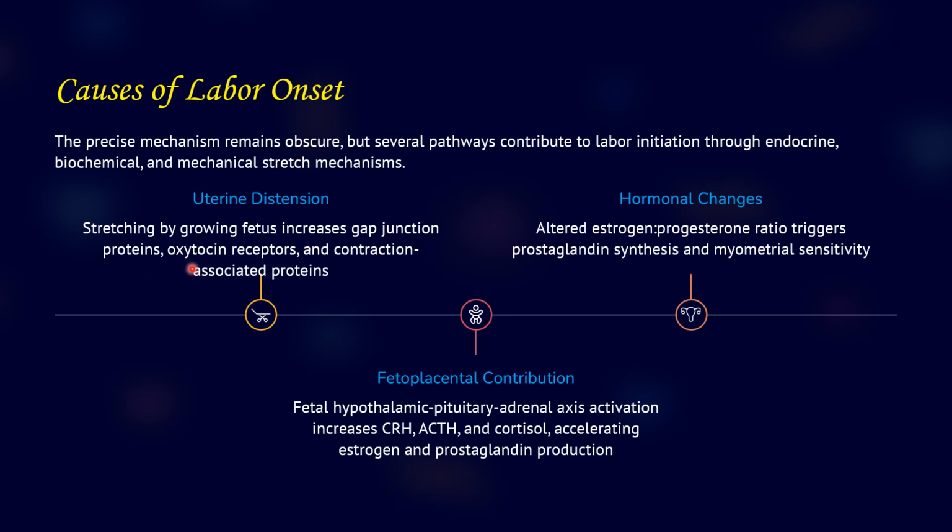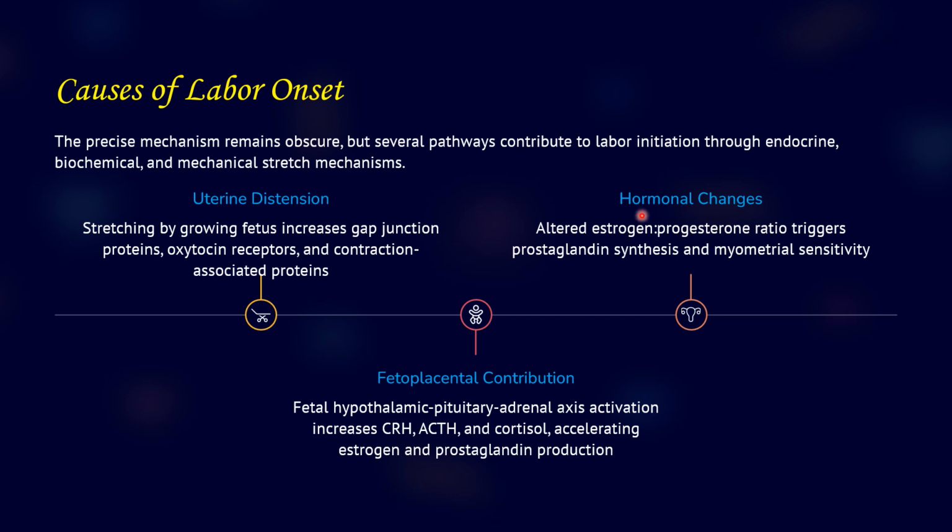There is also an increase in the oxytocin receptor, which makes the uterus more sensitive to oxytocin, and after that there is also an increase in the contraction associated proteins.